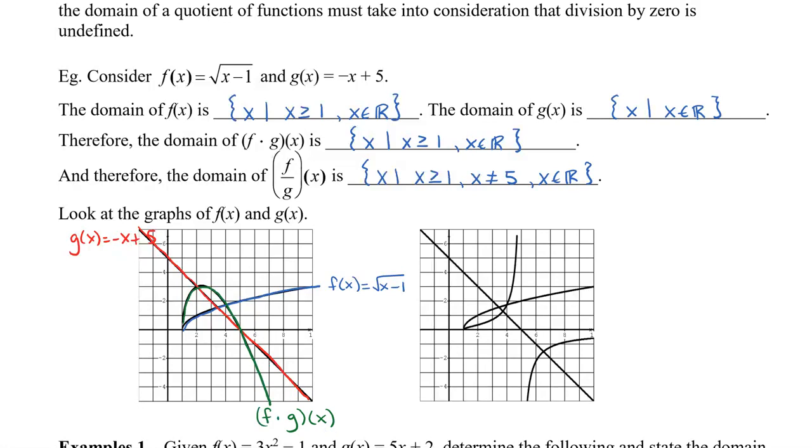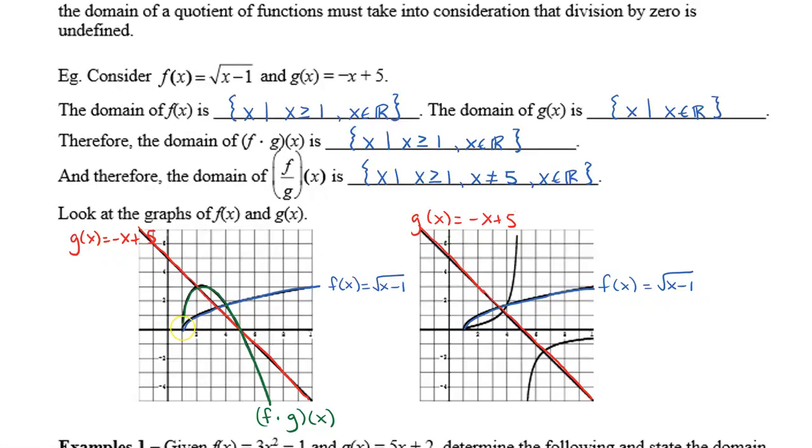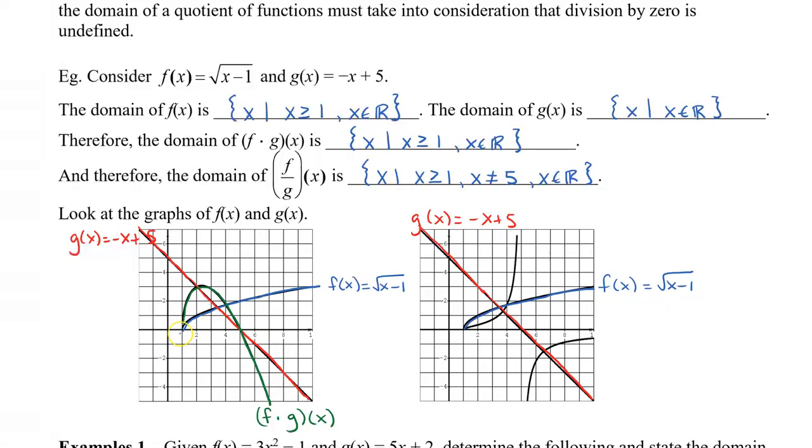Taking a look at the functions divided, we have, again, our f(x) equal to the square root of x minus 1, and then we have our line. So different from the first graph where we had the product, we can see that x was greater than or equal to 1 because it starts at 1 and then it goes up and then it shoots down.